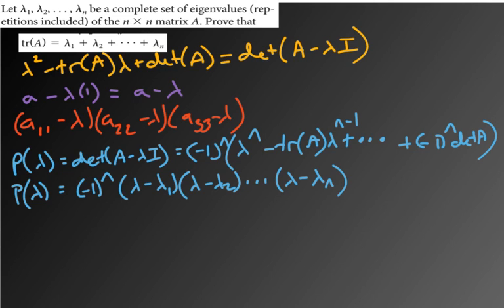And so if you want to try to show that the trace of A is equal to the sum of the eigenvalues, then what you basically can do is just equate coefficients here. We're going to equate coefficients between these two different forms of the characteristic polynomial, right?